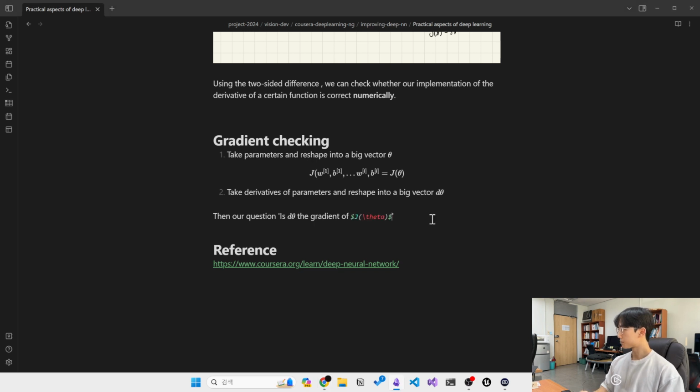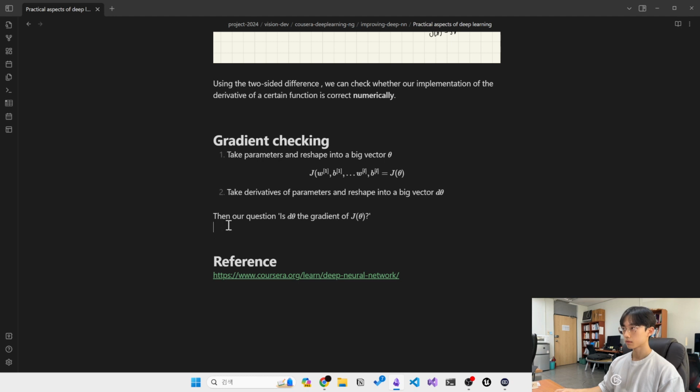Often we abbreviate gradient checking to grad check. First remember that J is now a function of the giant parameter theta, so you can also expand this out to J being a function of theta 1, theta 2, theta 3, and so on, whatever the dimension of this giant parameter vector theta is.